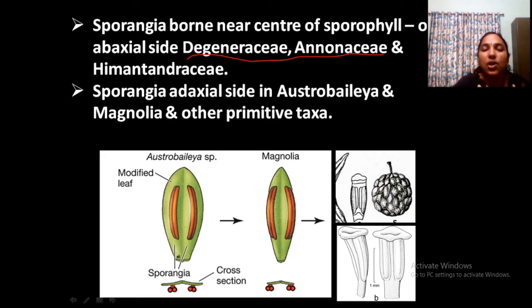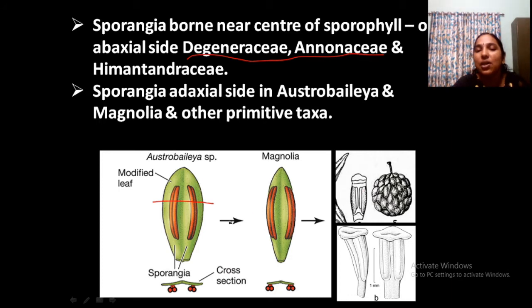When you cut a cross section, you can observe it arranged like this. Just go back to your pteridophyte class, the fern class. And this is a member of Annonaceae. See the structure, the sterile condition.